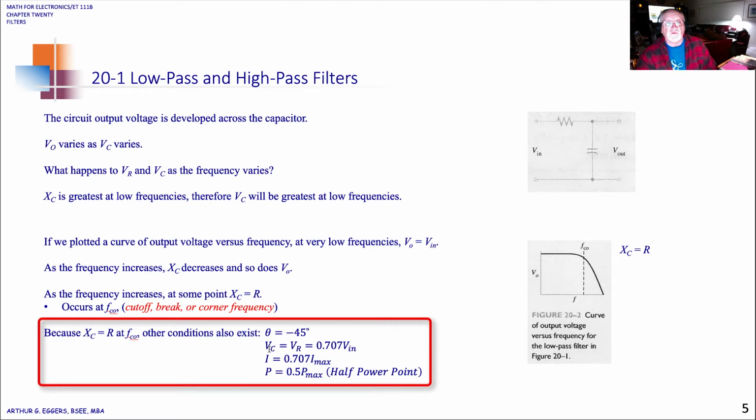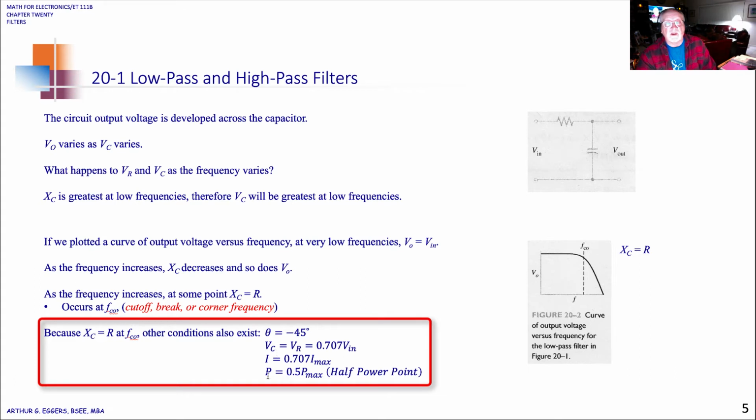The voltage drop across the capacitor will match that of the resistor, and it happens to be 0.707 of the input voltage. So what you're seeing here is 70.7% of the input voltage occurs when V sub C and V sub R are the same. The current follows that same rule: 0.707 times the max current occurs.